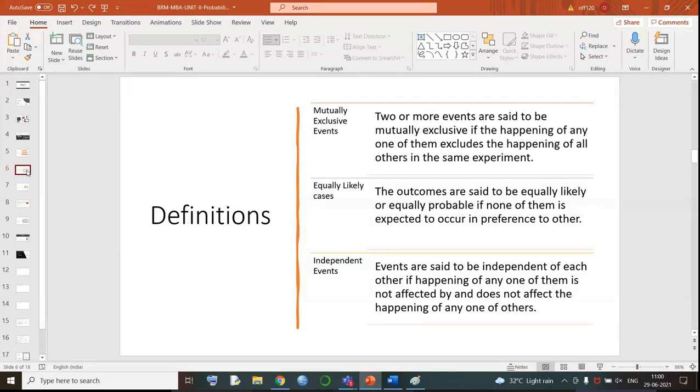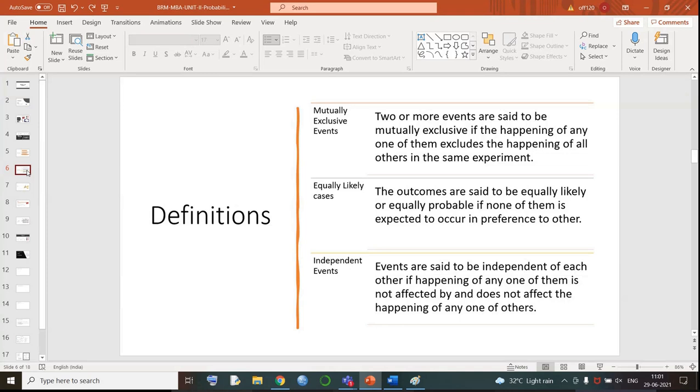No. Every person is having the same probability. That means all the outcomes should have equal chance of probability. Then those cases are said to be equally likely cases. Now, the number on the die, 1 is having 1 by 6 probability, 2 is also having 1 by 6 probability, 4 is also 1 by 6. That means all the faces on the die are equally likely cases. At the same time, those are always called as mutually exclusive cases also.